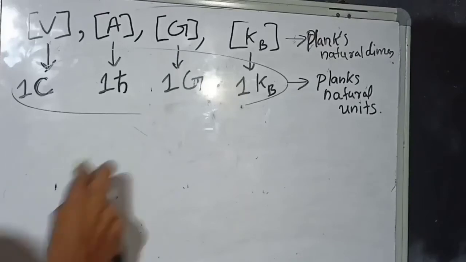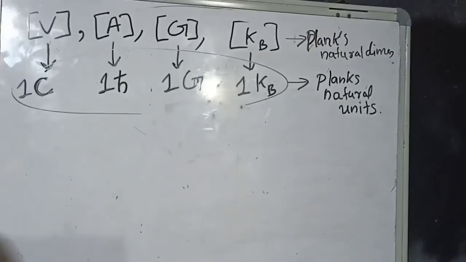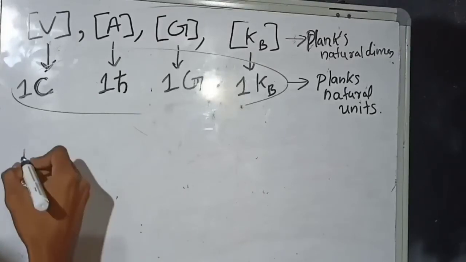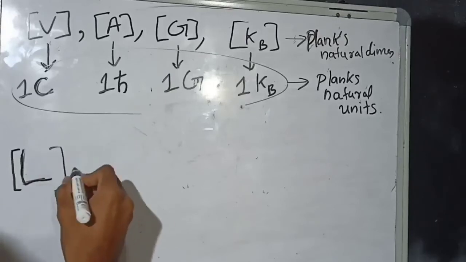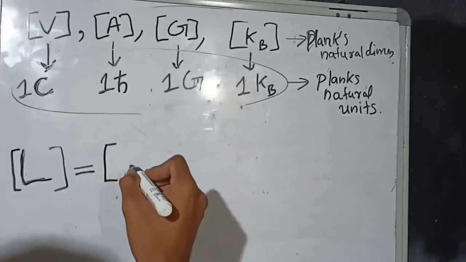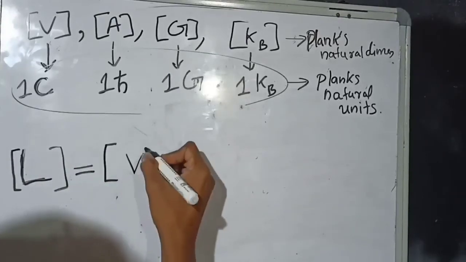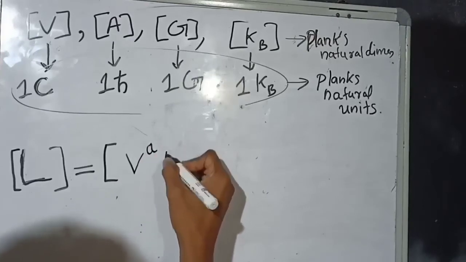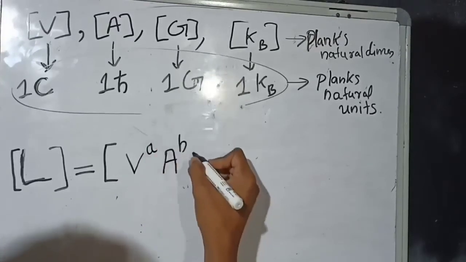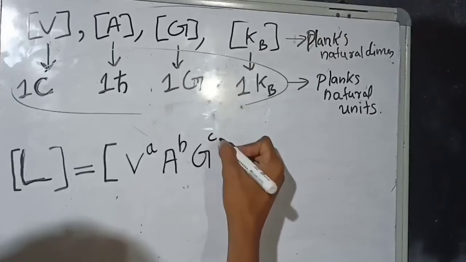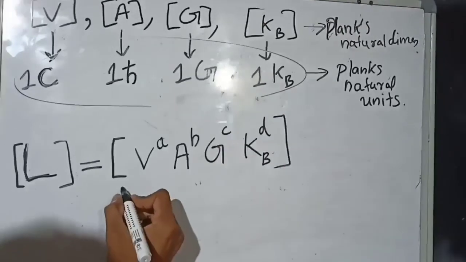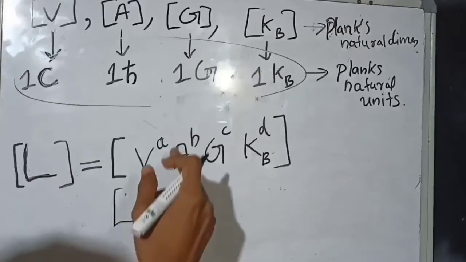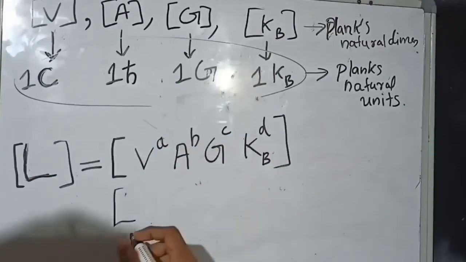For example, let us take the derived dimension length and express it in terms of our fundamental Planck's natural dimensions. So the dimension of L is equal to the dimension of the velocity to the power A, the dimension of the action to the power B, the dimension of the gravitational constant to the power C, the dimension of the Boltzmann constant to the power D. So our task is to find the values of A, B, C and D.